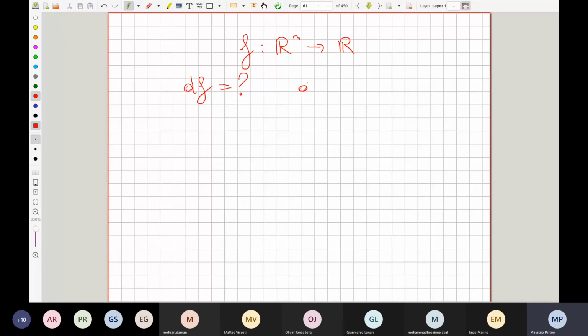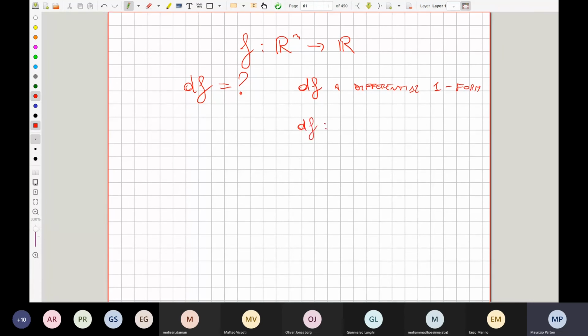The df should be a differential one form. That is, df should map Rn into the union of the tangent space to Rn, dual, union over all the points of Rn.